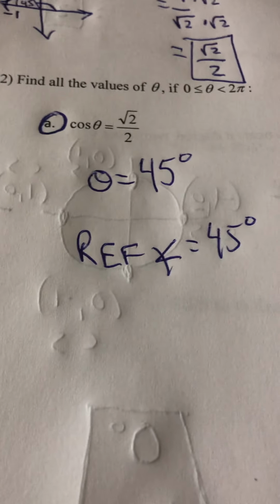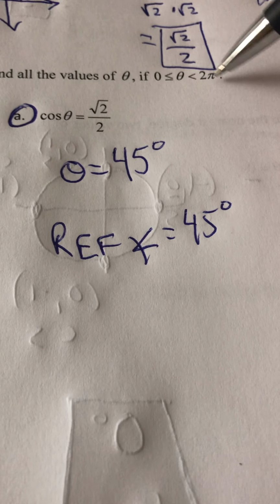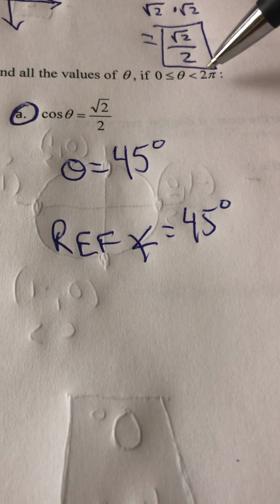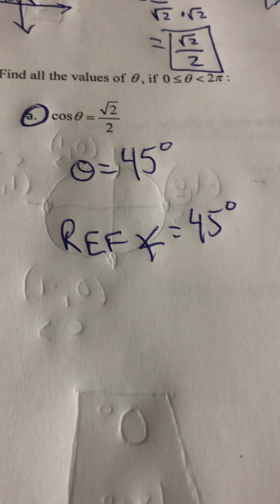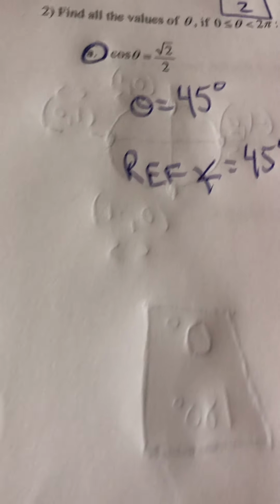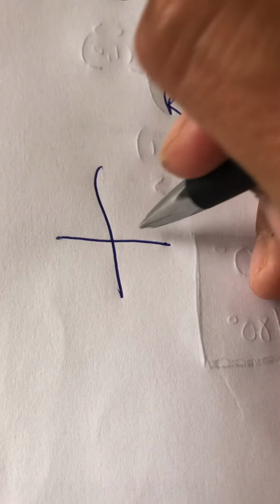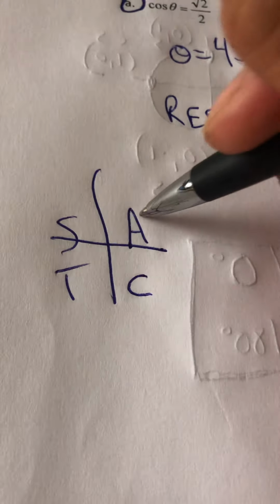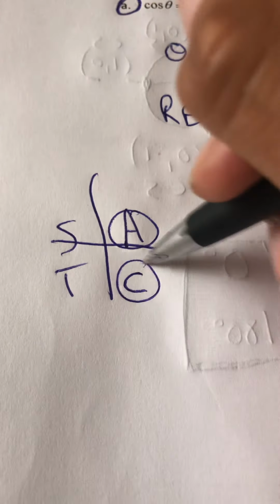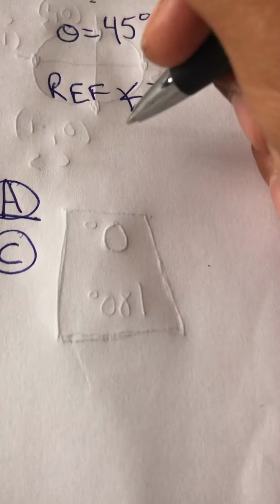Our answers must be in terms of radians because it states it here from 0 to 2 pi. But we're going to work in degrees to start and convert it at the end. Cosine is positive in quadrants 1 and 4. So that's where our answer is going to be.